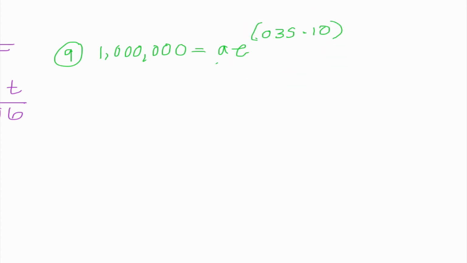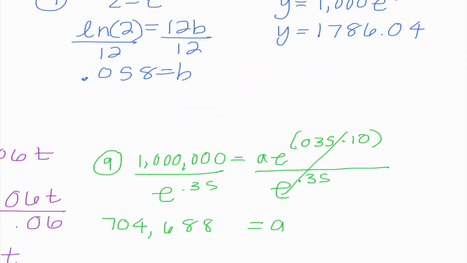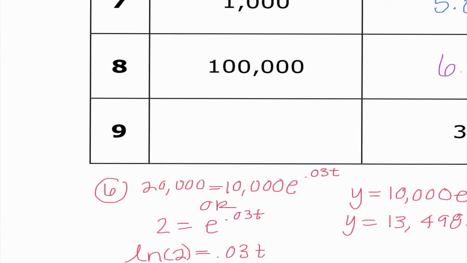So what I can do, I can divide both sides by e to the 0.35. That's what I get when I multiply these two numbers together. And I am left with A. So in my calculator, if I do 1 million divided by e to the 0.35 power, I get 704,688. Okay, and it told me to round to the nearest dollar, so that's what I did there. So I'm going to go ahead and write 704,688.